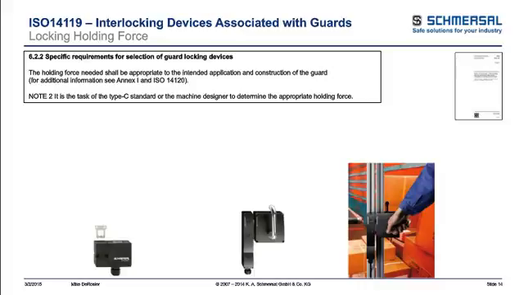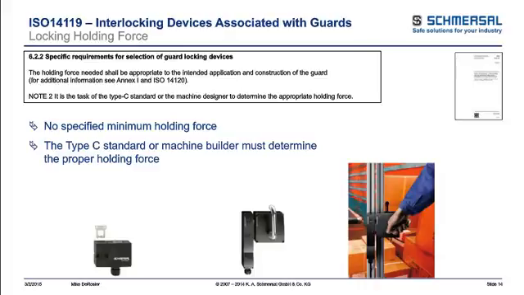In addition to the locking holding forces, you see that the no specific minimum is there, but what also usually dictates a locking holding force might be that Type C standard, meaning you may have a certain Type C for a specific machine, such as the ANSI B65 standards for printing presses, or the RIA 1506 or 10218 for the robotic standard may have a certain locking force based off of those particular type of machines.